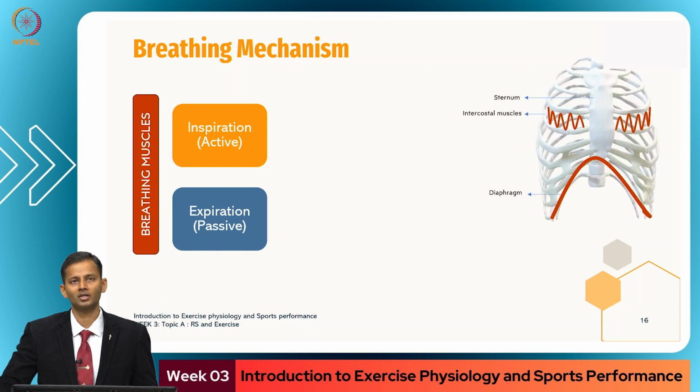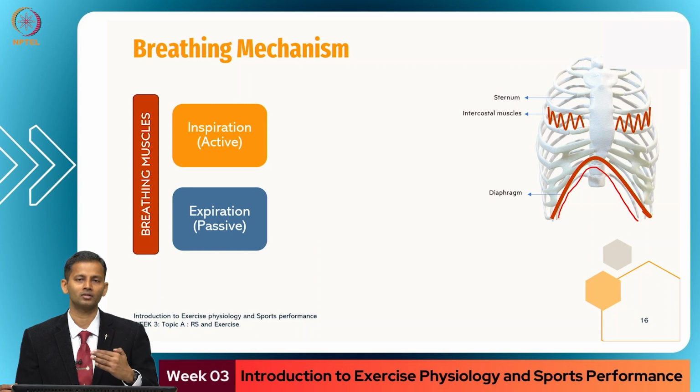What are the breathing muscles that are involved in respiration? In inspiration, you have the breathing muscles, first the diaphragm. Let me explain this. You have the diaphragm here, along the lowermost part of the rib cage like a dome, and it covers the entire region and divides the trunk into the thorax and the abdomen, making them two different compartments.